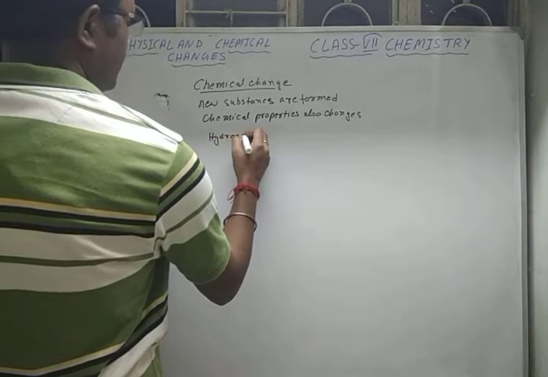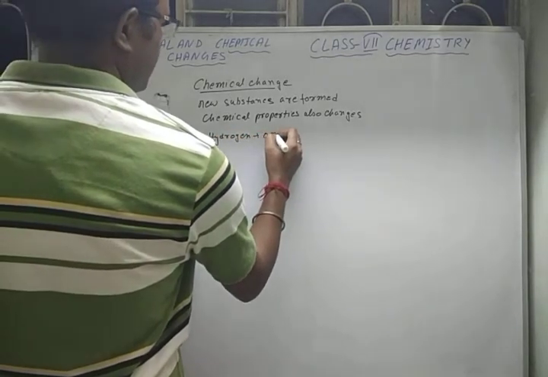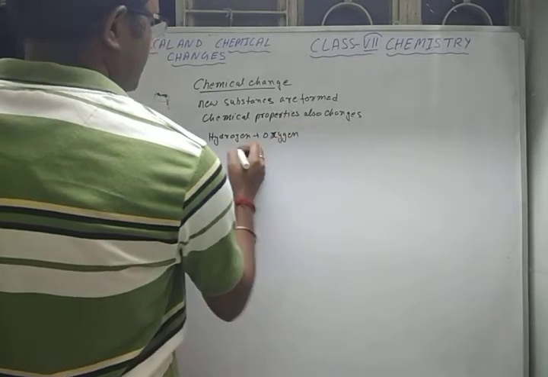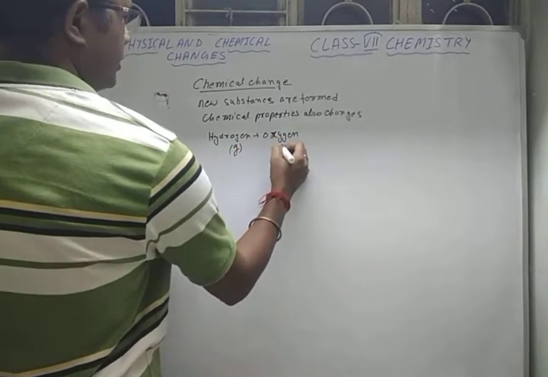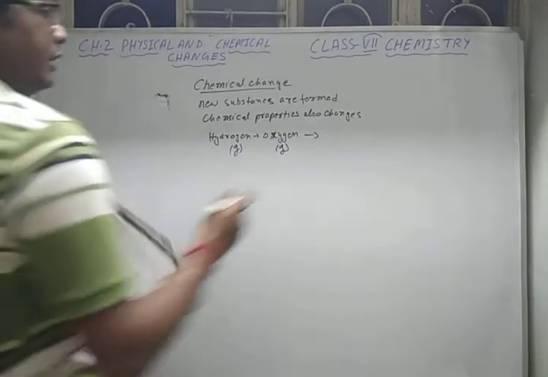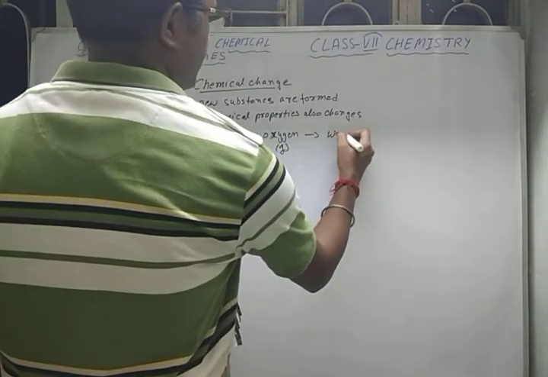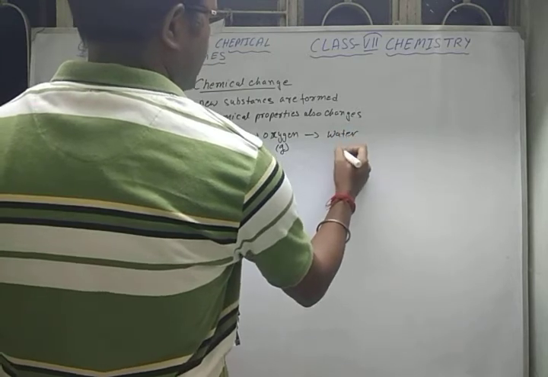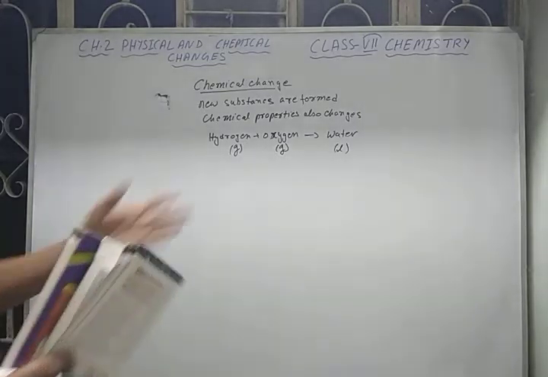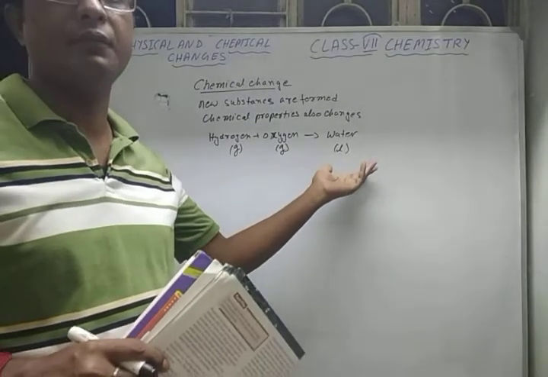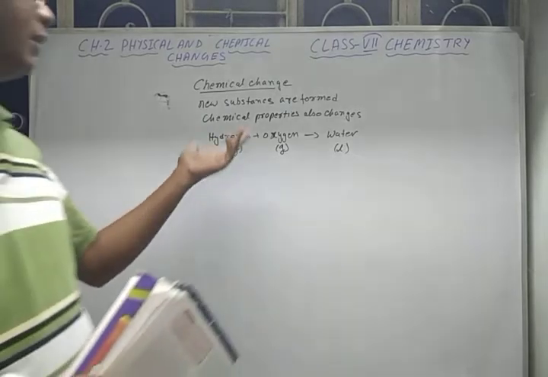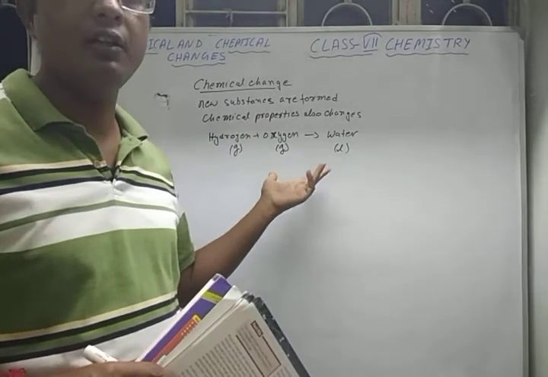For example, hydrogen plus oxygen. Hydrogen is in gaseous state, oxygen is also gaseous state. But when we react them, we get water, which is a liquid. So from two gases we are getting a liquid. So the chemical and physical properties of the liquid are totally different from the properties of hydrogen and oxygen.